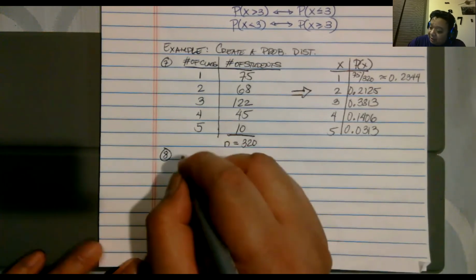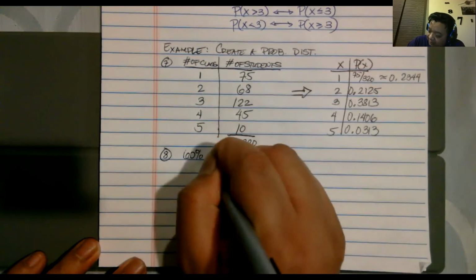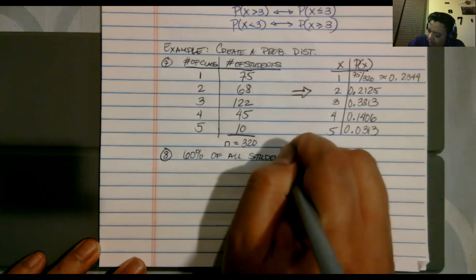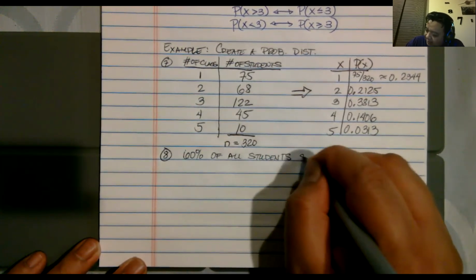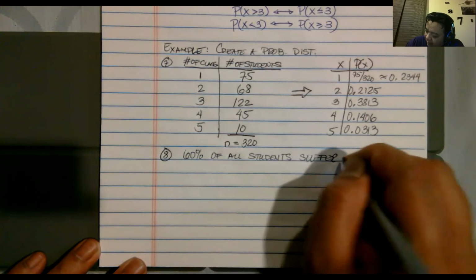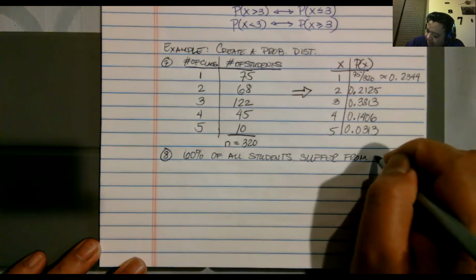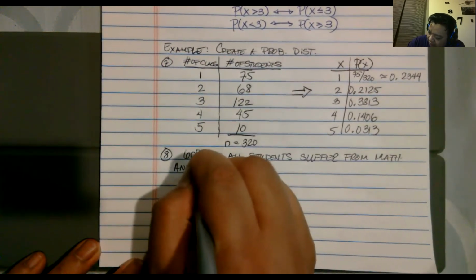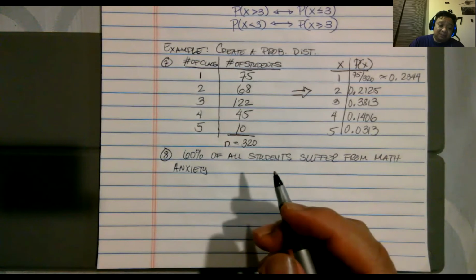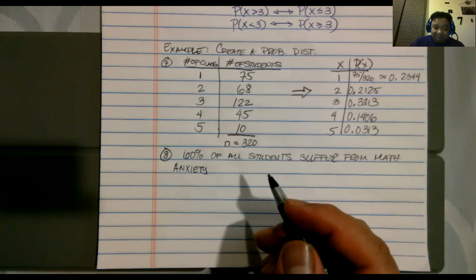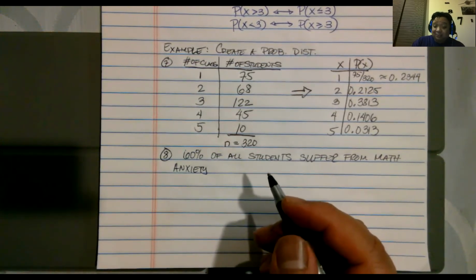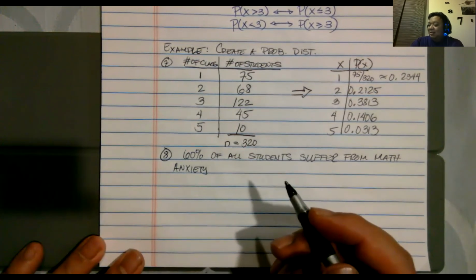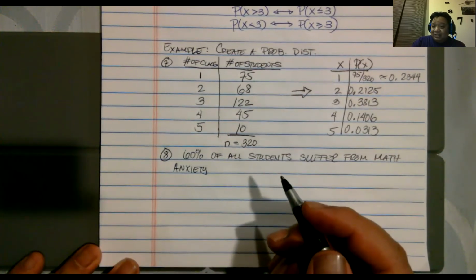So for example, here, 60% of all students suffer from math anxiety. The 60%, I just made that up, right? If you're wondering where I got the 60%, I just read a textbook and that's what it says. But it is given, right? So the 60% is given.